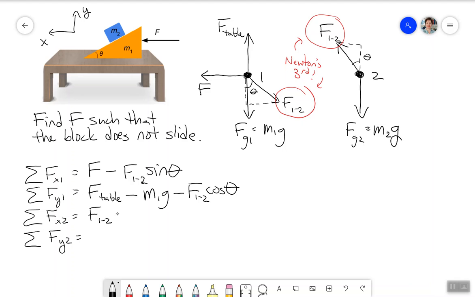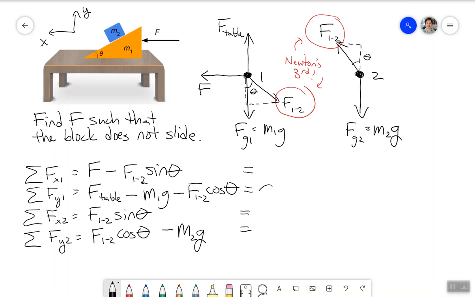For the block, in the x direction, we have only F1-2 in the x direction, so F1-2 sine theta in the positive. For the y direction, we have a positive F1-2 cosine theta and a minus m2g in the negative direction. So the next thing we do is we're going to set all of these equal to the mass times the acceleration in that direction.